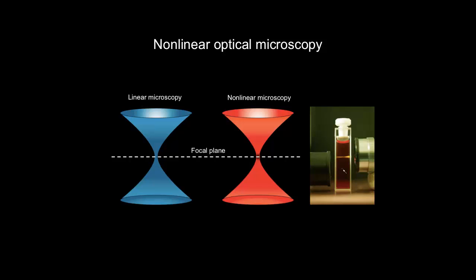It doesn't have to do with the power. With the same wavelength for both linear and nonlinear microscopy? You cannot do them with the same wavelength. I think this will be clarified once you use the Jablonski diagram. Okay. Yes.